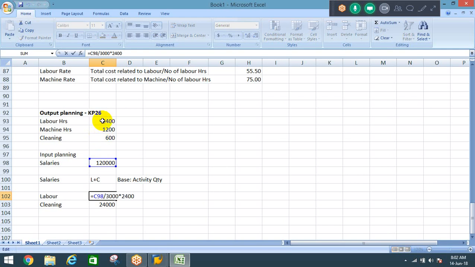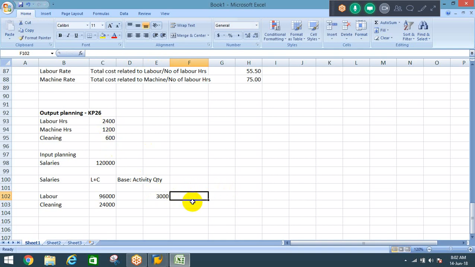So total 2,400 plus 600, 3,600, 3,000 into labor activity types are 2,400. So total cost 3,000 activity, 3,000 quantity ki inta cost 1,20,000. For 3,000 quantity total 3,000 kada, 2,400 plus 600.